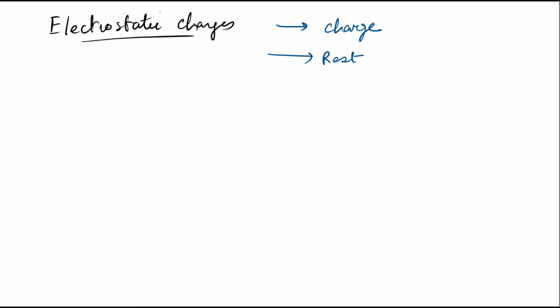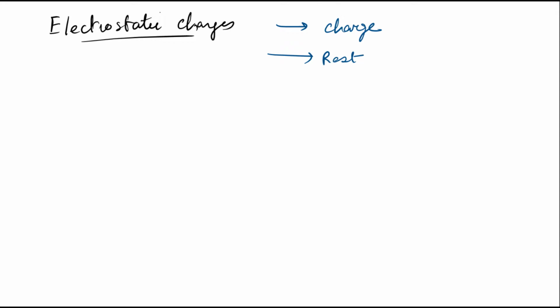Remember that if we have a charge, let's say a positive charge, and it moves with some velocity or acceleration, then it constitutes a current. That is a separate topic in physics, and we are here focusing only on electrostatic charge.